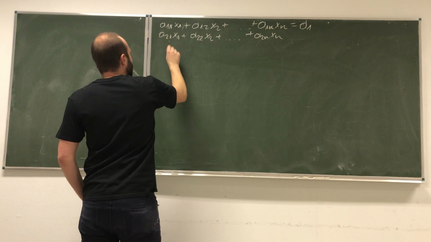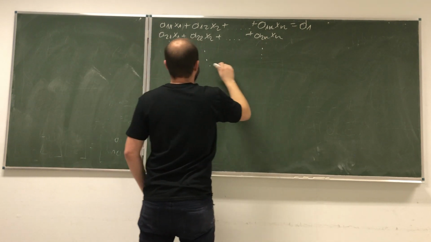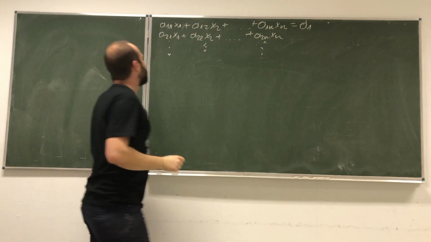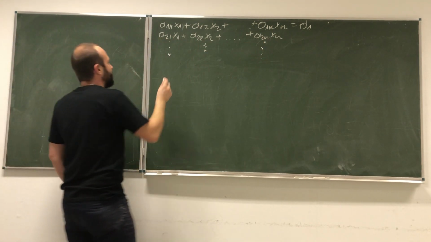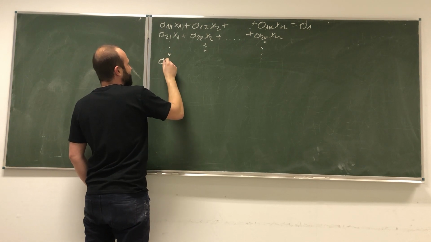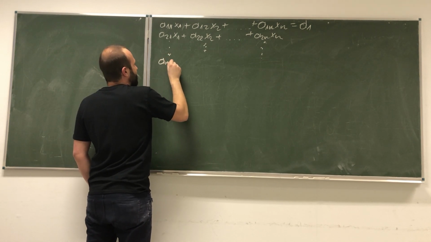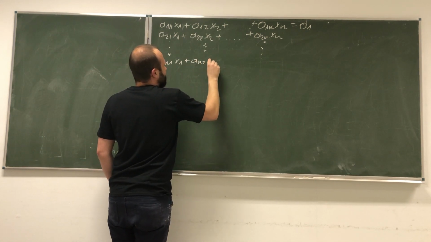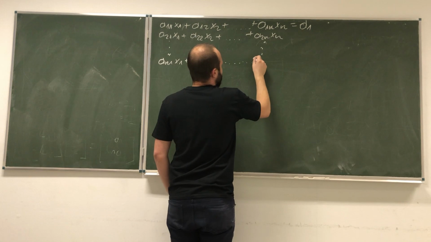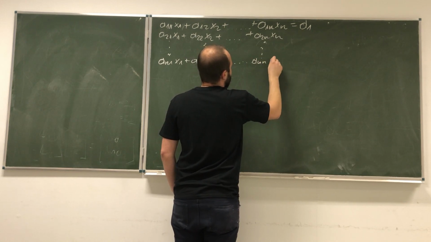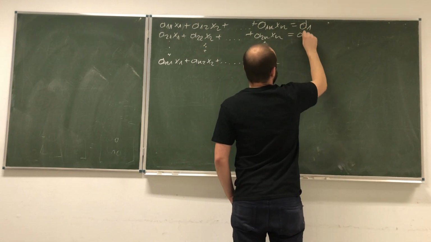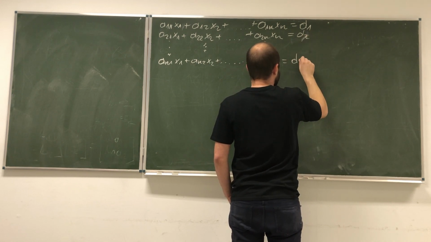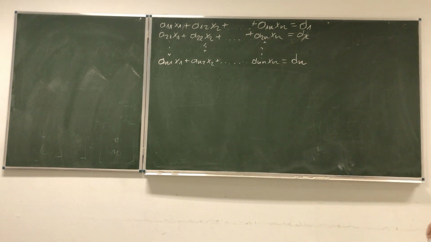And we would have a lot of equations like that until we get to the final equation, equation n, which would start with an1 x1 plus an2 x2 plus until ann xn. This is equal to d1, and this is equal to d2, and this is equal to dn.